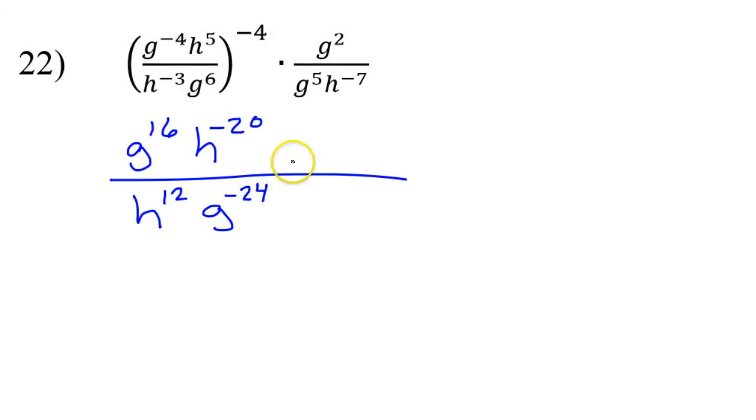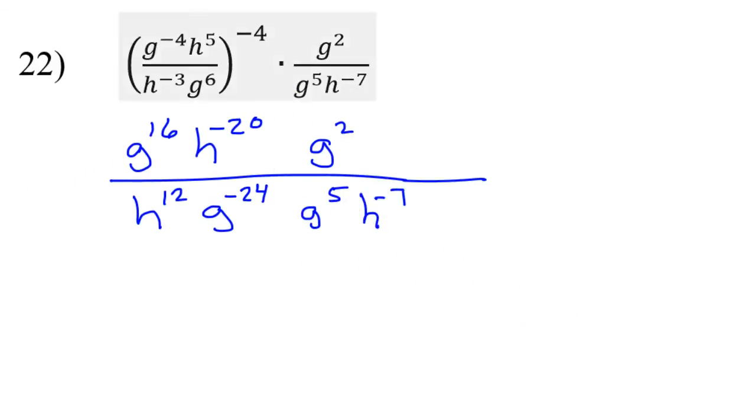So I multiplied all those exponents. All right, I'm not going to write this as a separate fraction. I understand that these numerators all go together. So I'm just going to go ahead and write my g squared right here. And I will bring down my g to the 5th power, h to the negative 7 power. So this is what I have now, no parentheses.